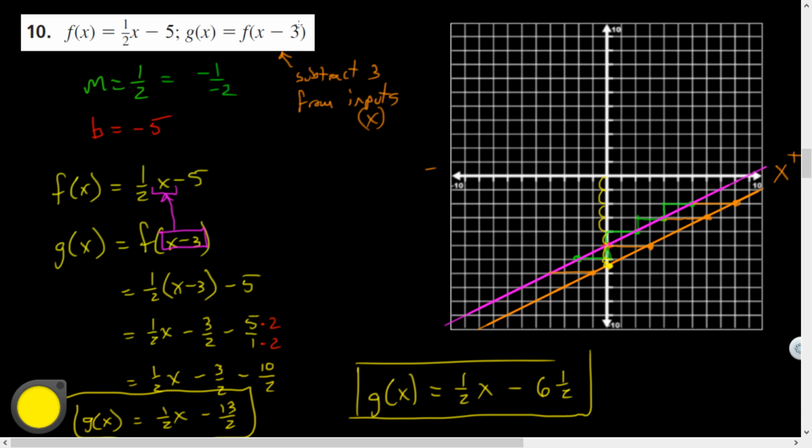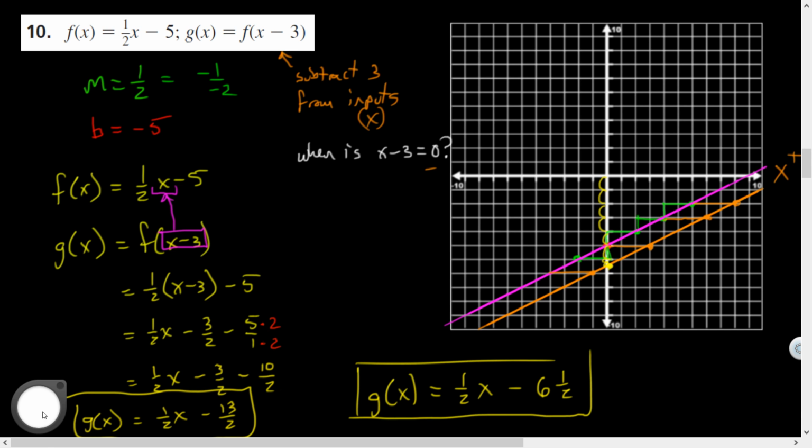So another way to think about this, subtracting 3 from the x, is to think about where was 0 for the x originally. So 0 for the x, for the original function, occurred when x was 0, and my y-intercept was at negative 5. Okay, my new 0 is going to occur whenever, let me phrase it this way, when is x minus 3 equal to 0?